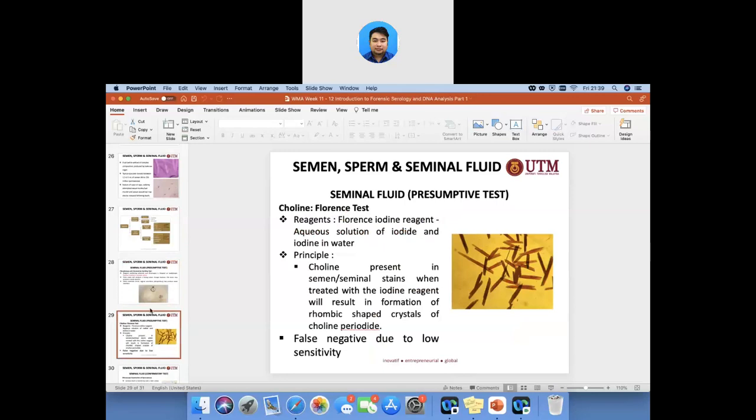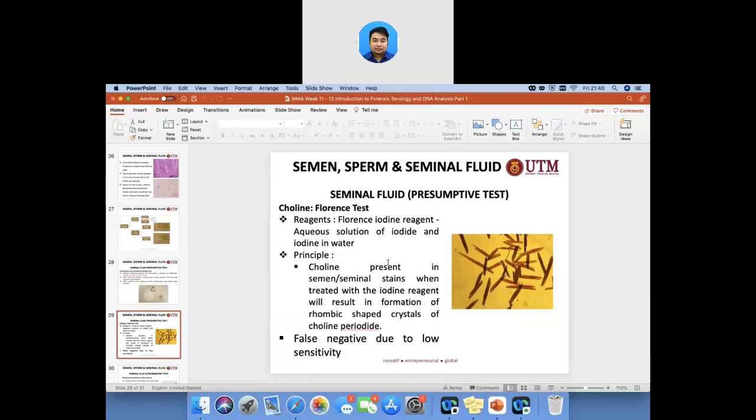Another type of presumptive test for seminal fluid is the choline fluorescence test. In this reagent, the fluorescence iodine reagent is an aqueous solution of iodide and iodine in water. The principle is that if there is choline present in the seminal or semen stains, when treated with iodine reagent, it will result in the formation of rhombic-shaped crystals of choline periodide.